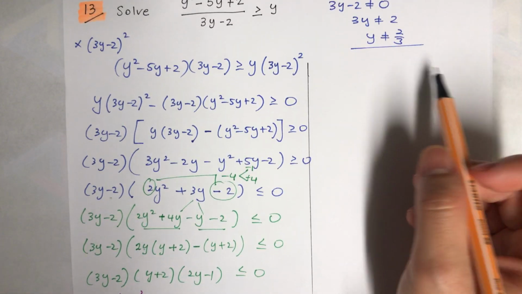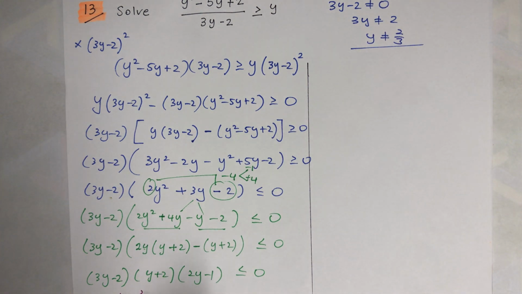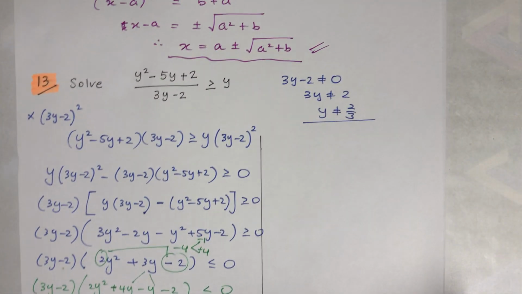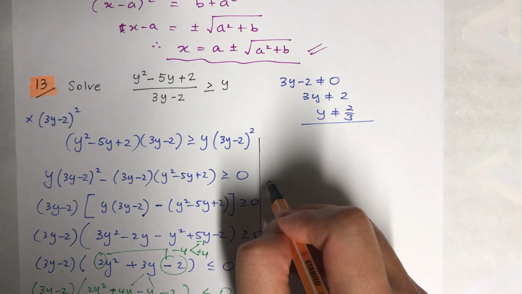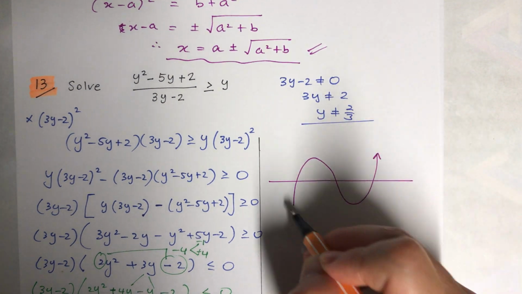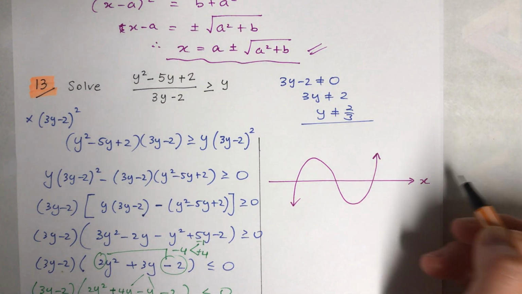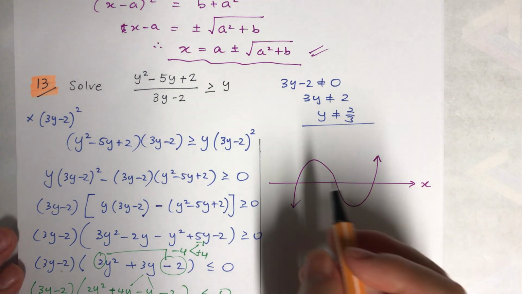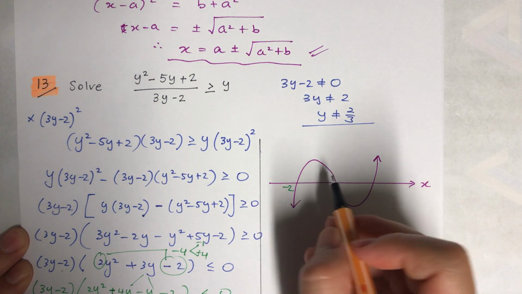But remember, at the beginning, this can't be. So this cannot be. This is going to be open circle. Okay? So it's going to be like that. That's x. And I'm going to put all my critical points there. So that's going to be minus 2.